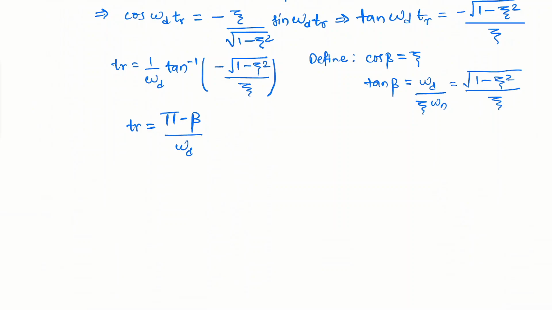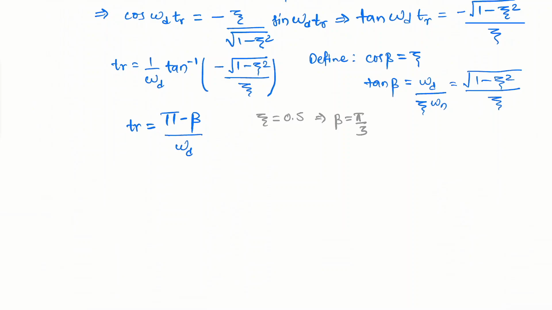In the given case, zeta was 0.5. This implies cos beta is 1 half. Since cos beta is 1 half, beta is pi by 3.